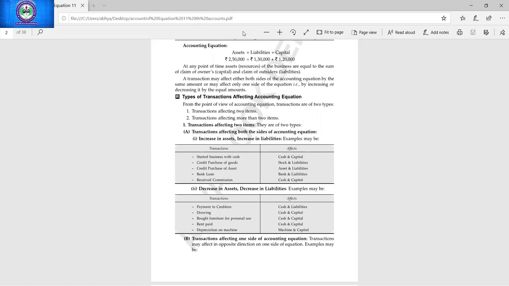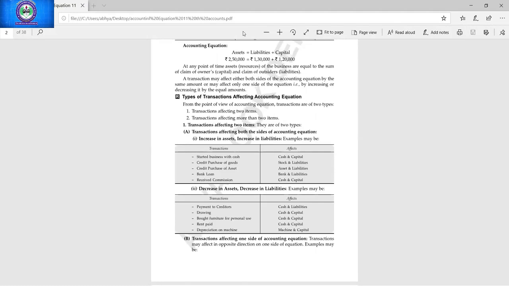If there is any income, we must be getting it in cash, so cash will be affected as well as capital. With income, capital will increase, and with expense, capital will decrease. So one account will always be capital in all incomes and all expenses.